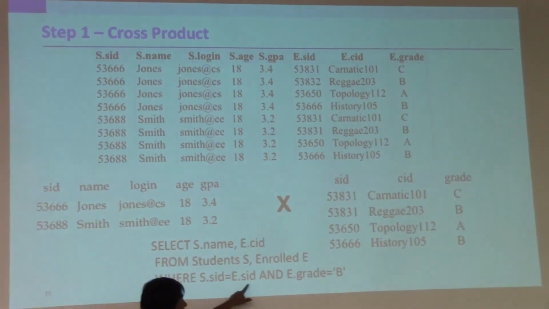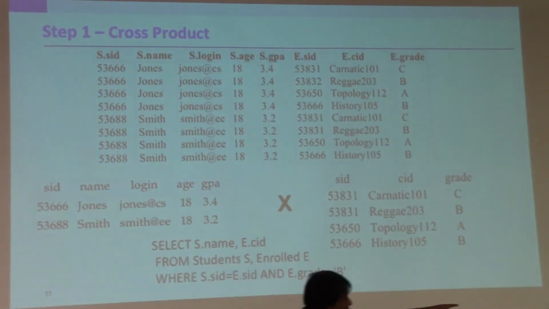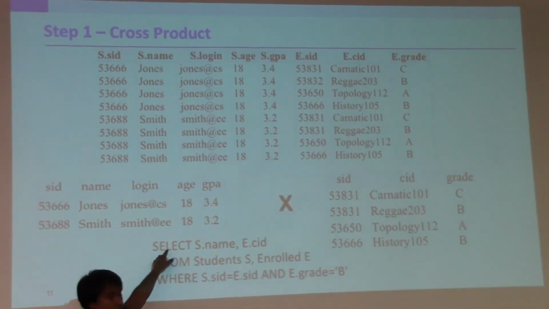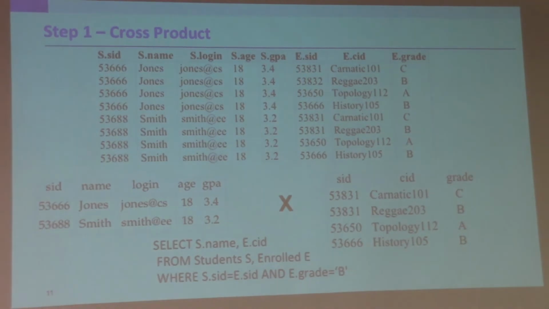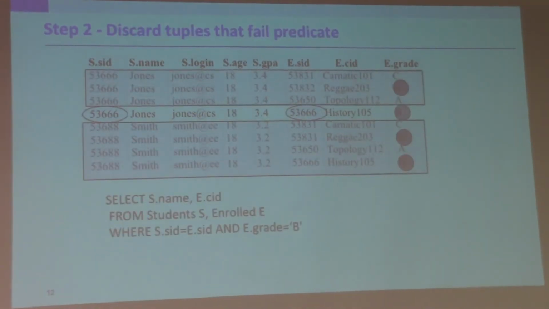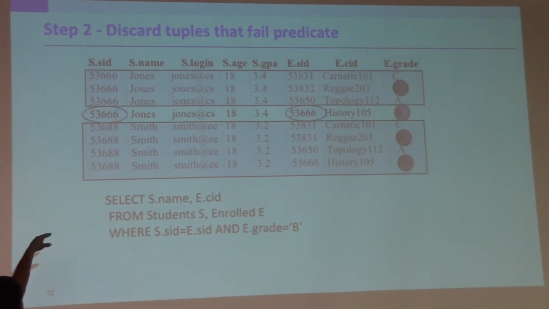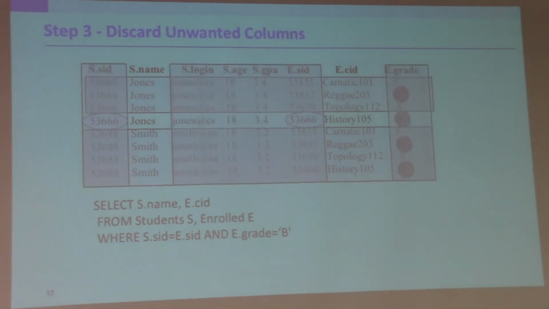You apply this where condition, exactly as the steps are specified here, and then it projects. So over here, I did the Cartesian product. Now I am doing the selection: s.sid equals e.sid. When it matches, I disregard all the other rows, and then I select only s.name and e.cid.